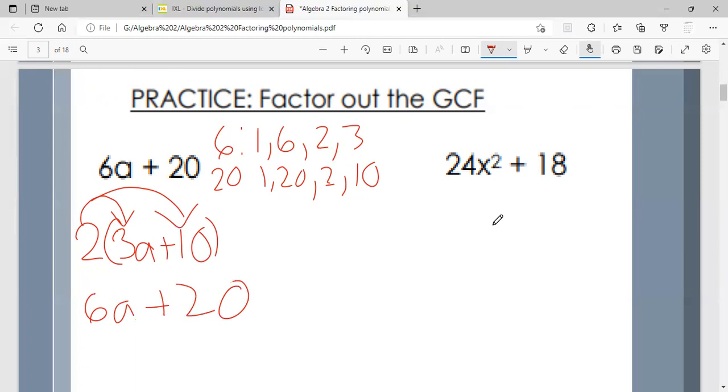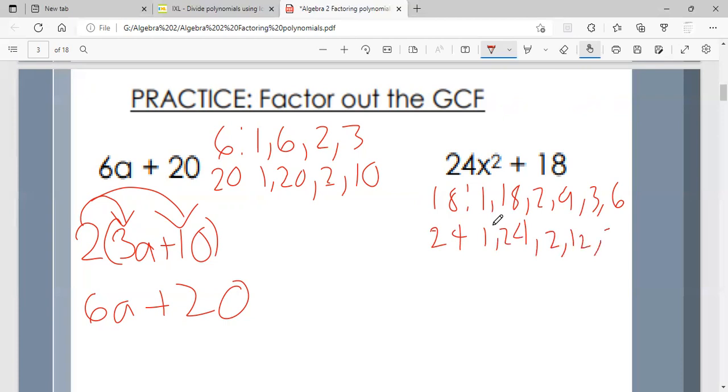On the second one over here, 24 and 18. Greatest common factor of 24 and 18. You could just list all the factors of 18. 1 and 18, 2 and 9, 3 and 6. What about 24? 1 and 24, 2 and 12, 3 and 8, and 4 and 6. So the greatest common factor is 6.